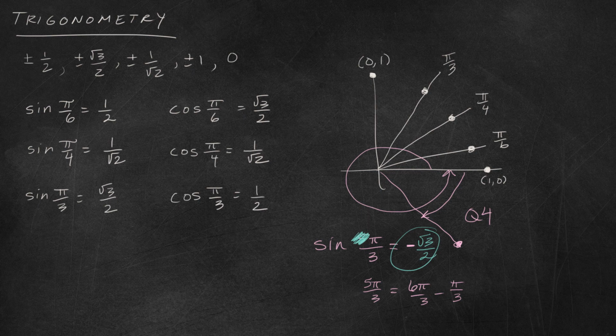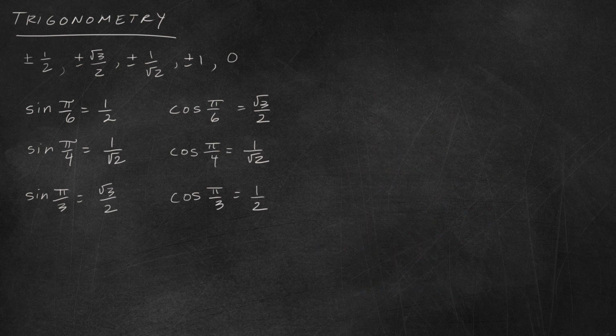Now that might have sounded like a very long, drawn-out explanation, but when I'm thinking through it in my head, it does go rather quickly. Let's try another one. How about cosine of 7 pi over 6? Okay, so I think about which quadrant does this lie in. Well, 7 pi over 6 is 6 pi over 6 plus pi over 6.